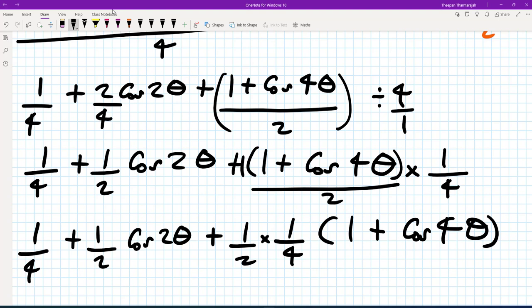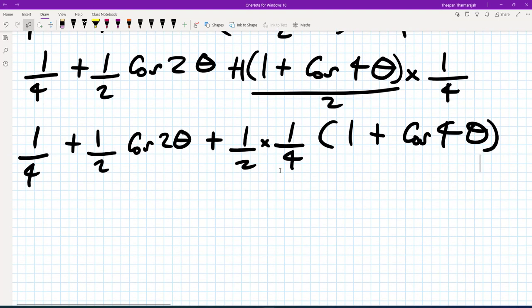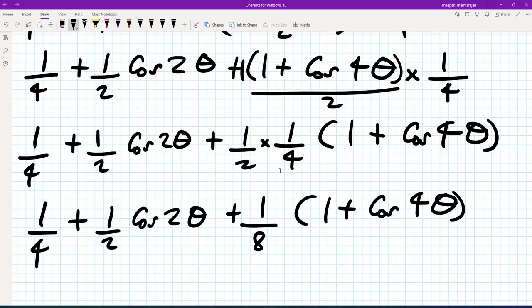So we're taking the half out, taking a quarter here, and in brackets we get 1 plus cos 4 theta. So now what we end up with is a quarter plus a half cos 2 theta plus 1 over 8 times 1 plus cos 4 theta.